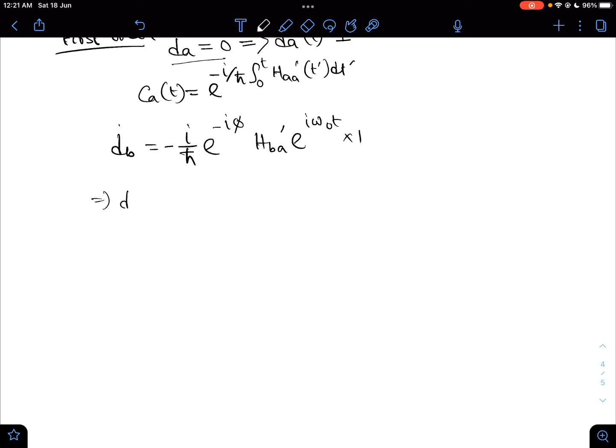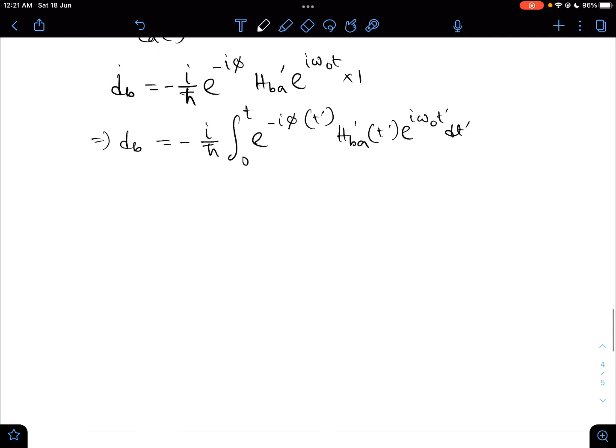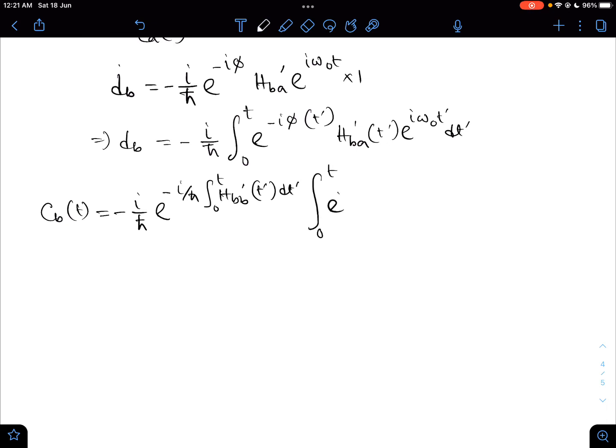So this is our dB, and from dB we can calculate our c_b. So c_b(t) will be minus i/ħ e^(-i/ħ integral from 0 to t of H_bb'(t') dt') times the integral from 0 to t of e^(-iφ(t')) H_ba'(t') e^(iω0 t') dt'.